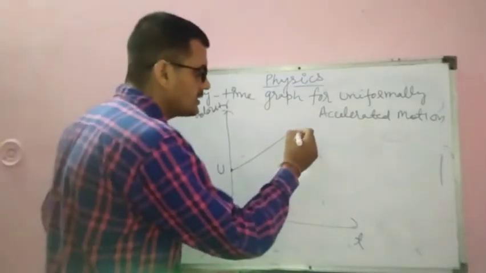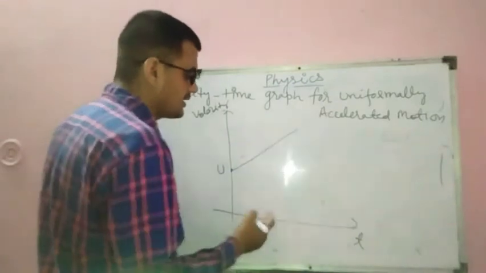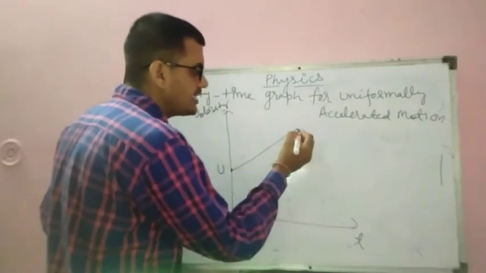Suppose it will be like a straight line. Let us suppose the body has a final velocity.